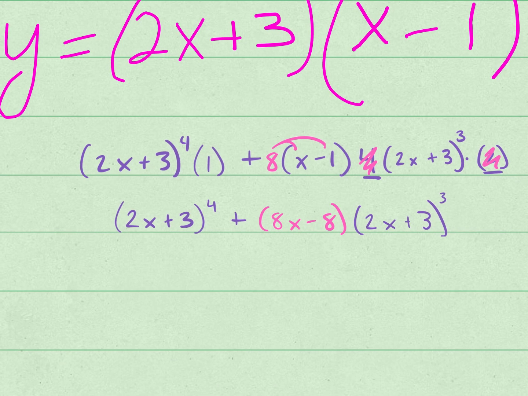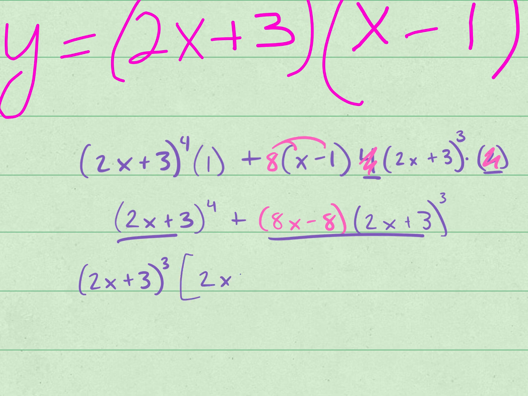We can simplify this a little bit more. Out of our two terms, do we have a GCF? What's our GCF? 2x plus 3 to the 3rd power. Perfect. So I'm going to take that out. We're left with 2x plus 3 to the 1st power plus 8x minus 8.